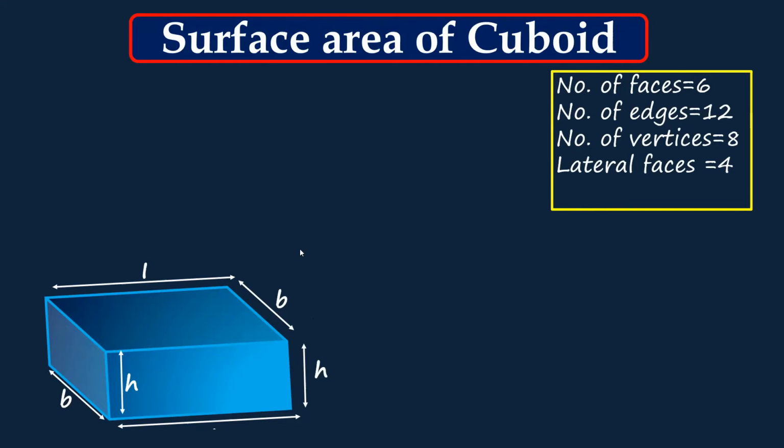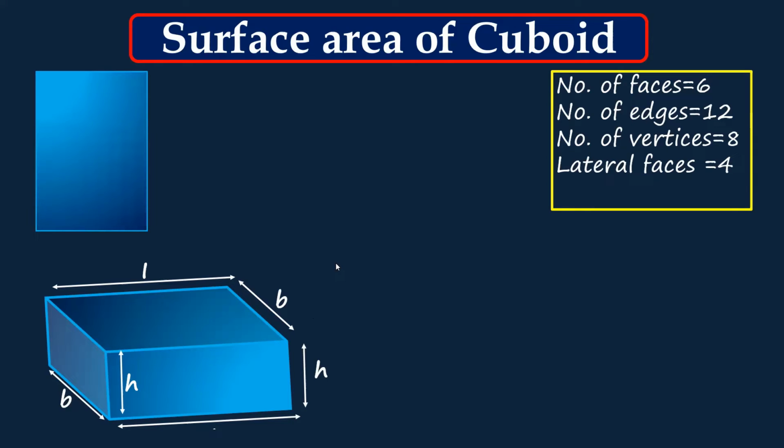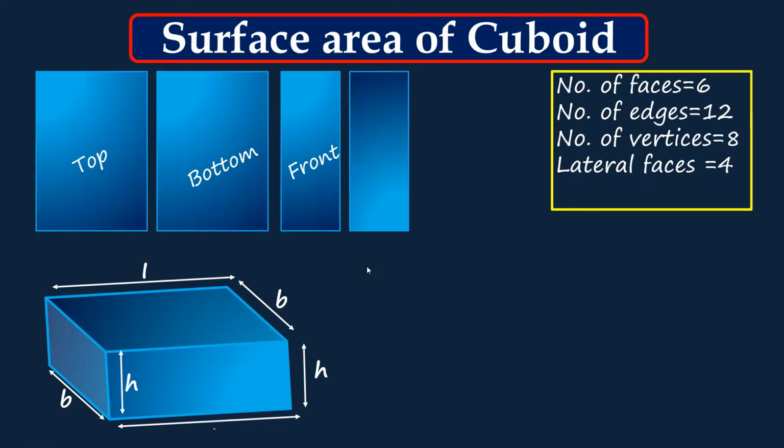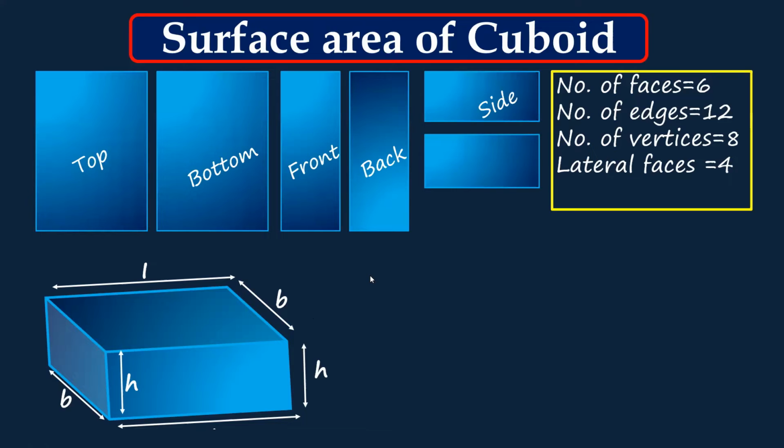Now, this cuboid has all 6 faces, right? For top and bottom, there are 2 faces which are identical, and the lateral faces are the front, back, and side faces. All are having the length, breadth, and height.